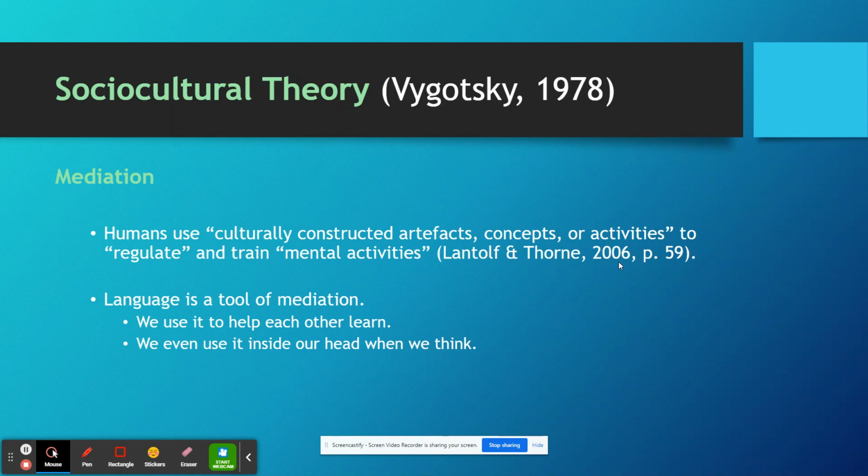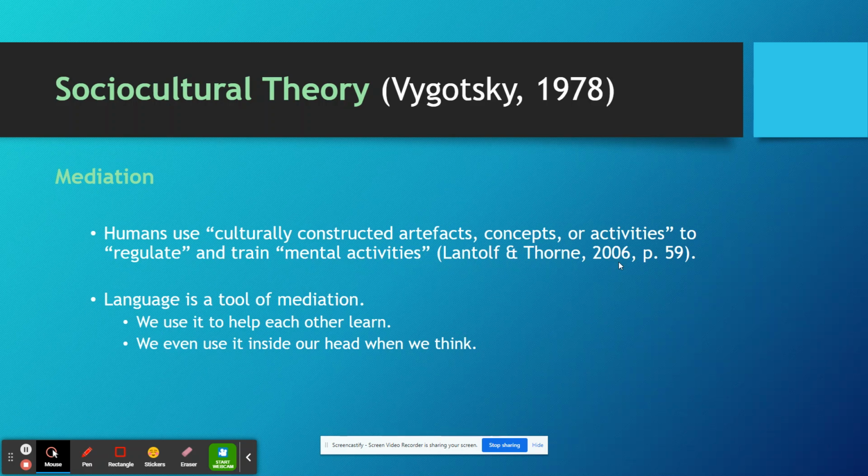He is applying a culturally constructed concept he learned from outside the island when he uses the sharp rock as a tool. In fact, he was probably also talking to himself while doing it, which means that basically he's using language to think through the problem. He's talking to himself, and yes, language is also a tool of mediation.